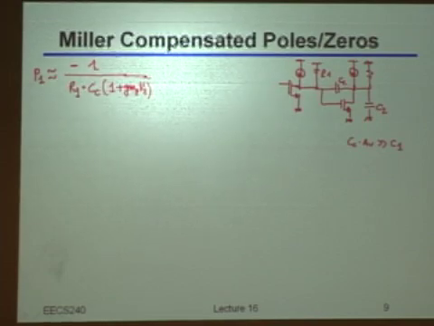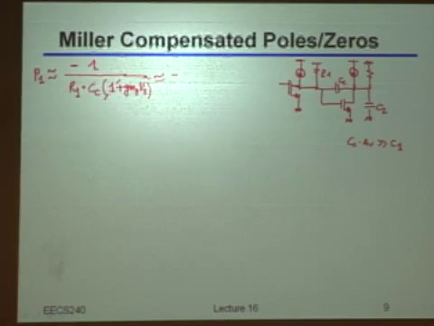So it's already an approximate expression; otherwise, you should include C1 as well. But I can still go farther with approximation and drop this 1, because I assume that GM2 R2 is even bigger.